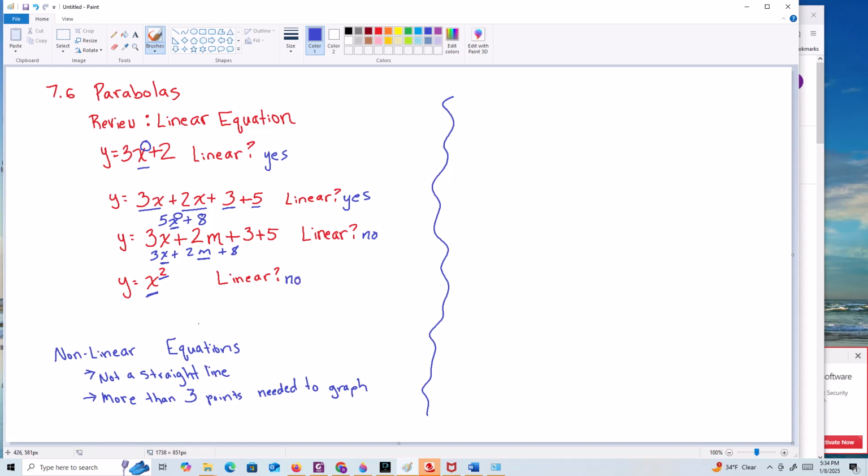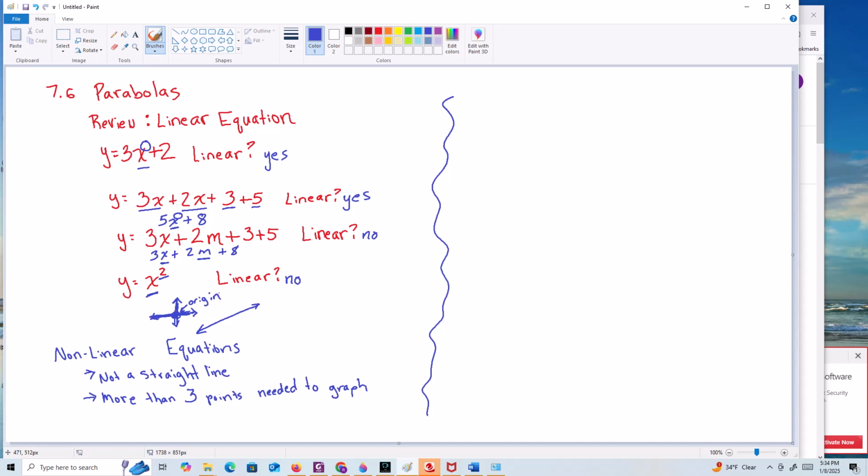Now, hopefully you remember a linear equation, if you were to graph it, you would get a straight line. And when I say graph it, I mean on the Cartesian plane, the xy axis, where the x axis is the horizontal part and the y axis is the vertical, and they intersect at the origin.